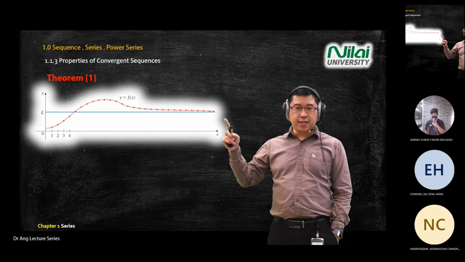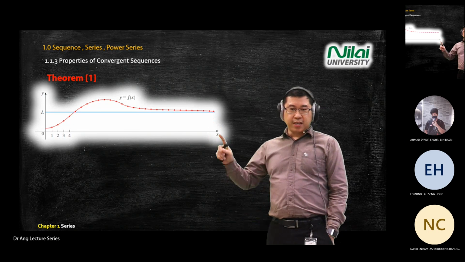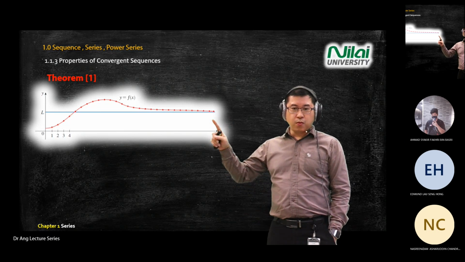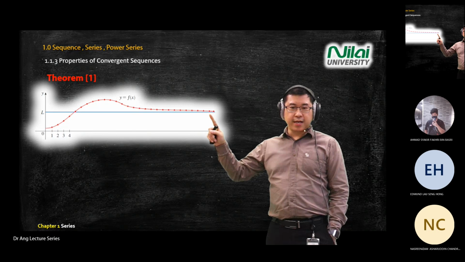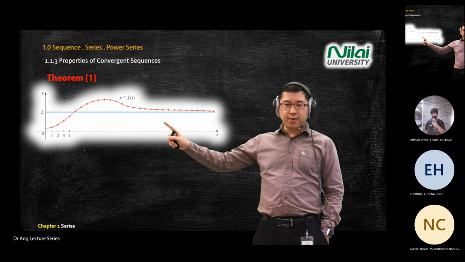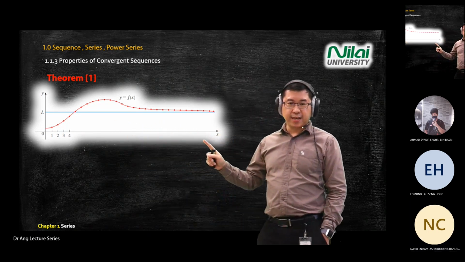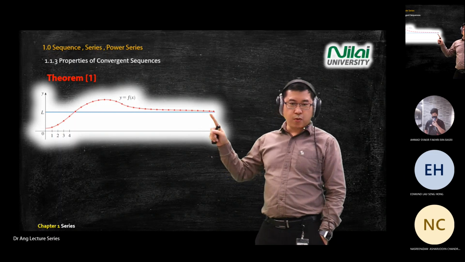As you can see here, the red dot is reaching one number, which I labeled as the blue line, and this blue line is one value. The value is L. This graph is y versus n.